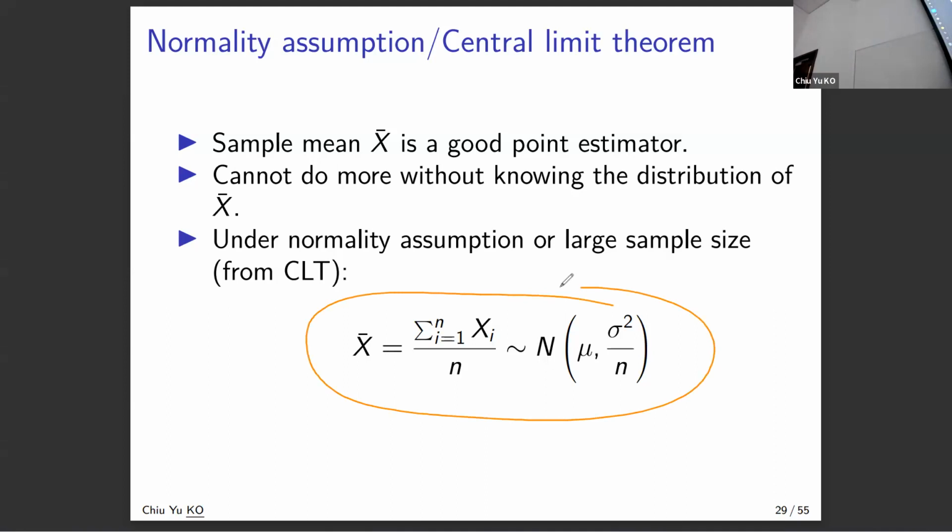And suppose in the first case we know sigma square. And actually we have a better idea; we can use it better. Why? Let me draw a graph. Central limit theorem tells us the following.